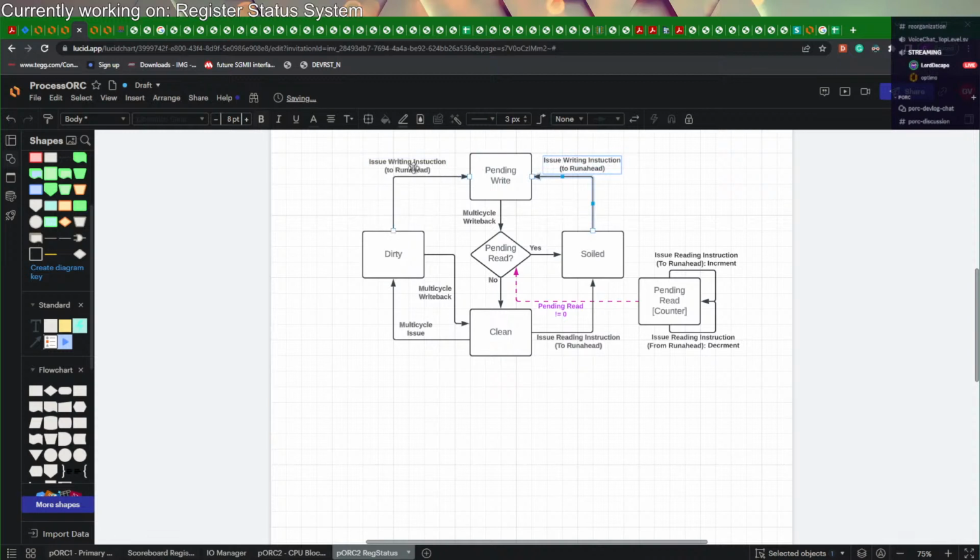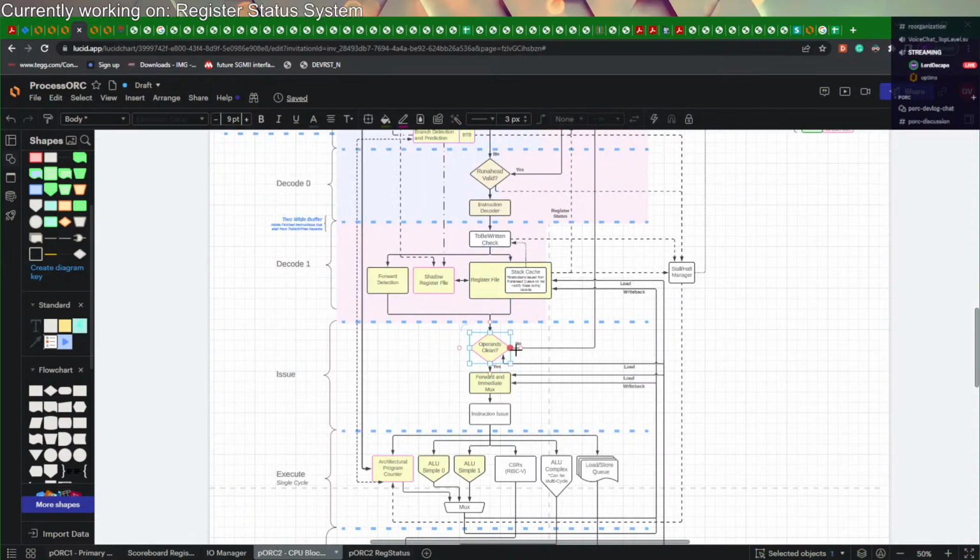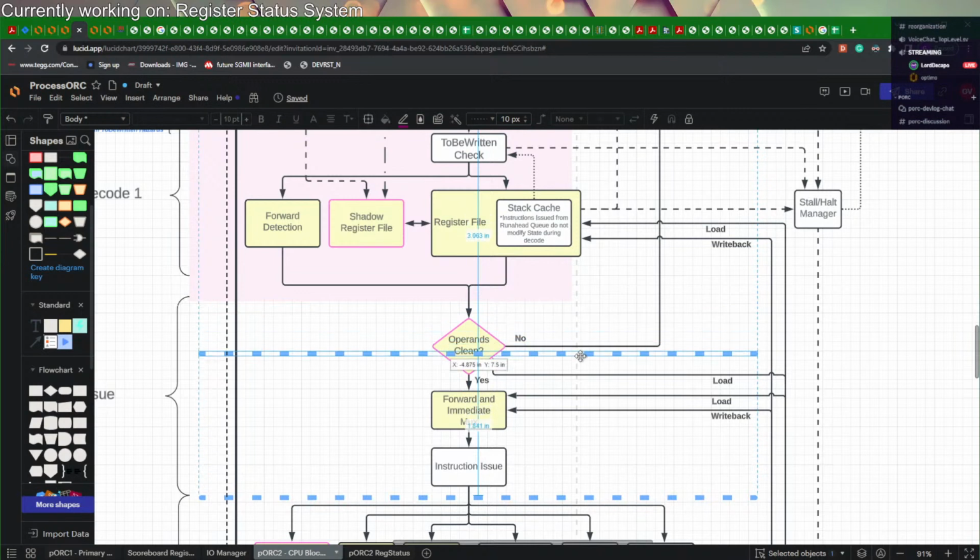Which means I need to check, am I going to actually push the instruction to the run ahead queue? Since I need to check it anyway, there's no point in having this here. So this needs to be moved.